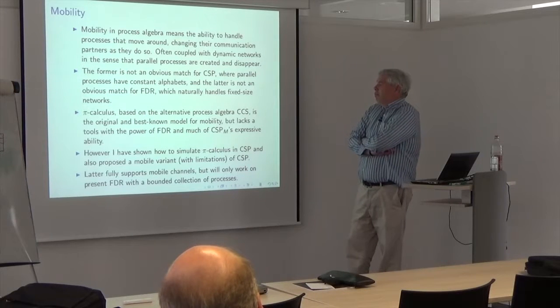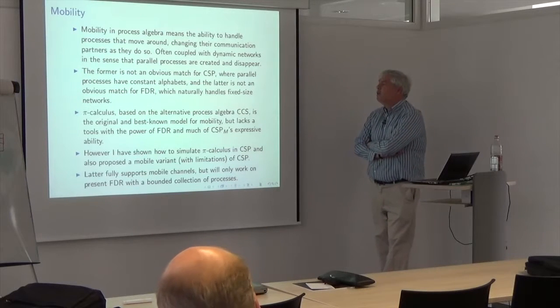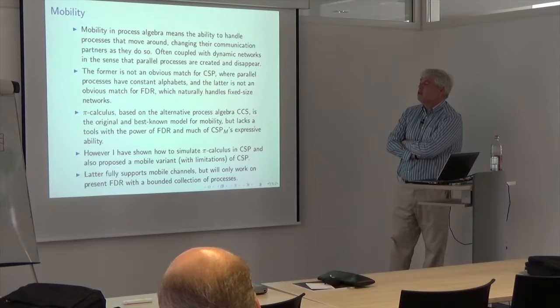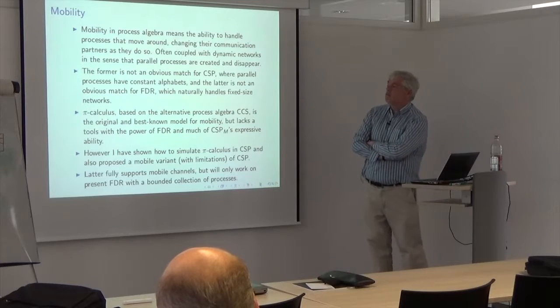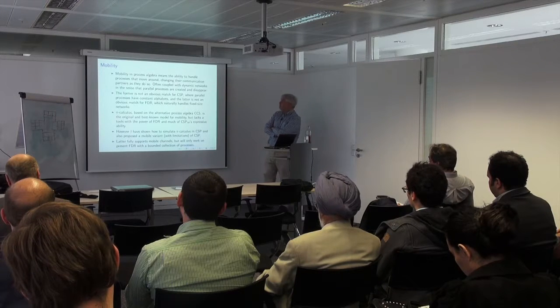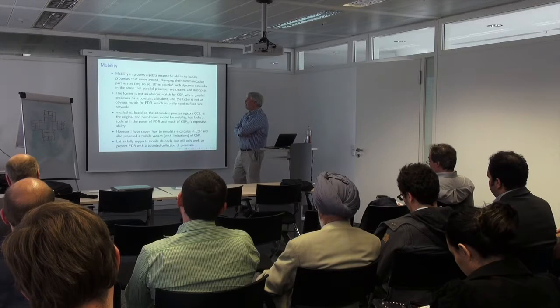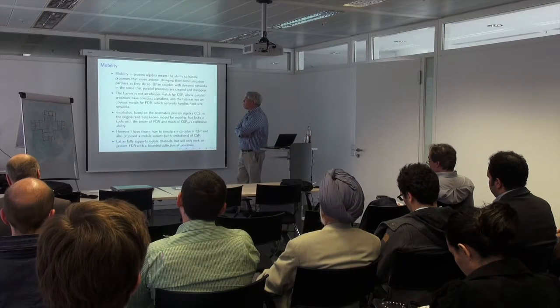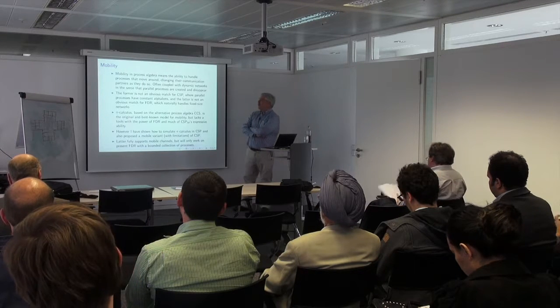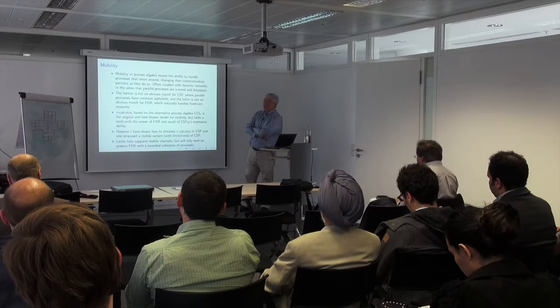CCS has been around for a very long time and used in all sorts of applications as well, for example protocol checking, at least in a modified version. But it doesn't have tools with the power of FDR, and many people who were big users of FDR complained that we didn't support them in their mobile activity.